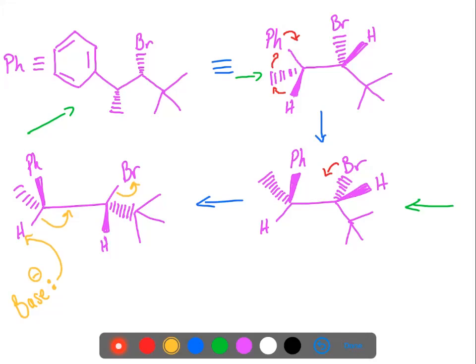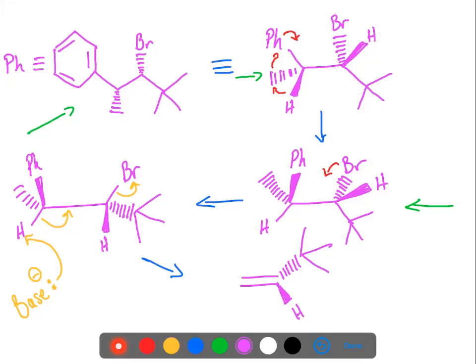All right, so the net result of that reaction is the following. We're going to end up with our alkene with the t-butyl group in behind. This hydrogen will be in front.